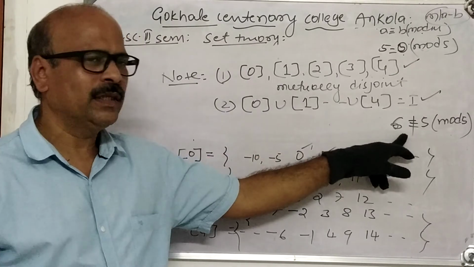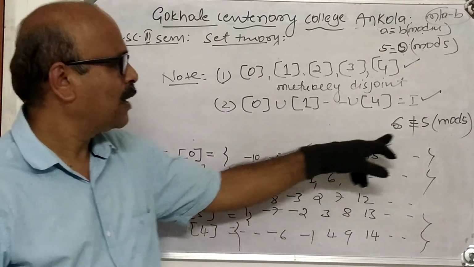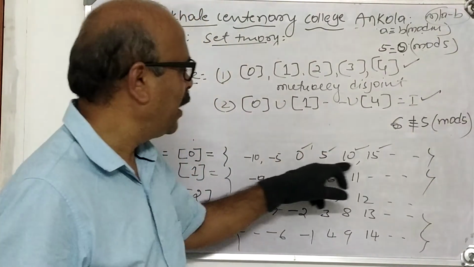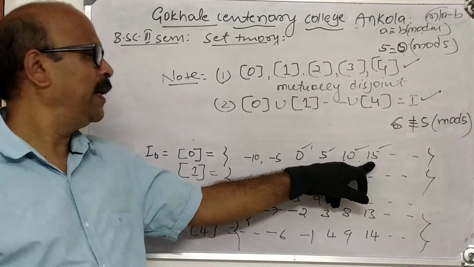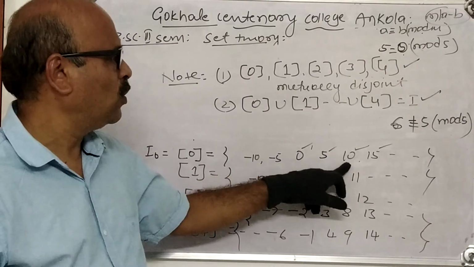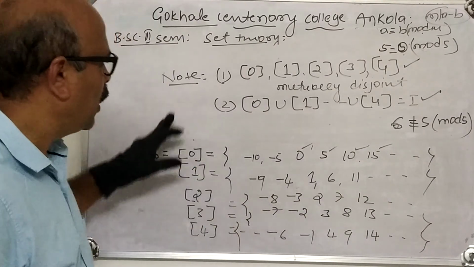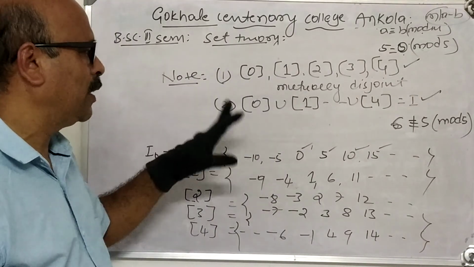Do you follow this point? But elements in the same set have the congruence modulo 5. 5 is congruent to 5 modulo 5, 10 is congruent to 5 modulo 5, and so on. These are the important things you have to observe here.